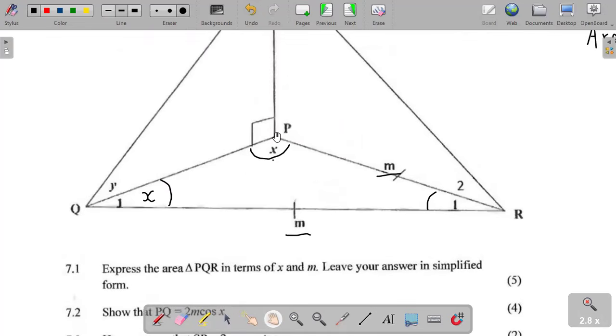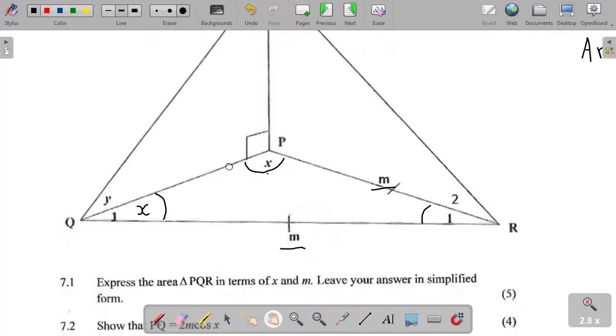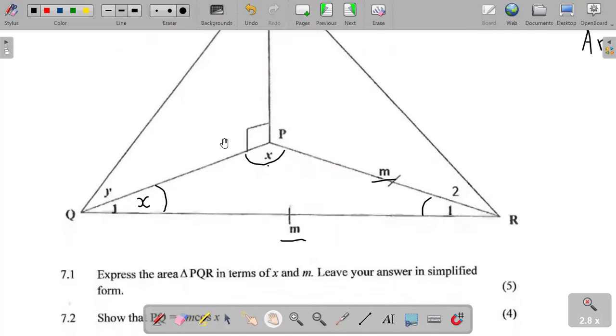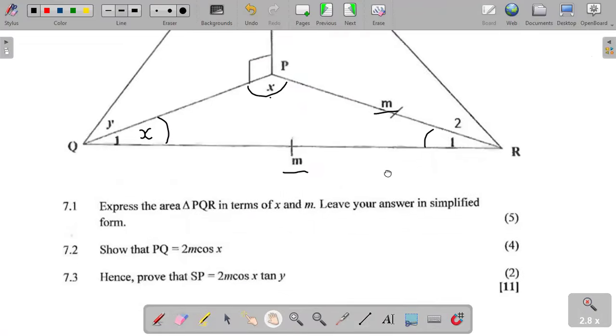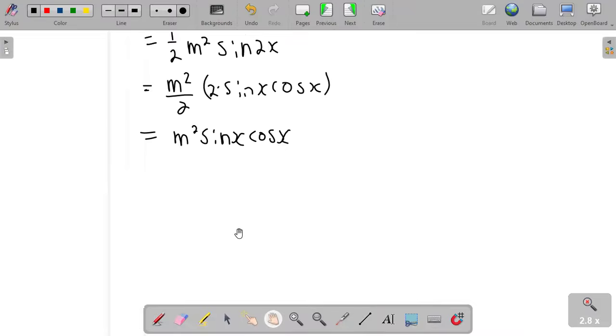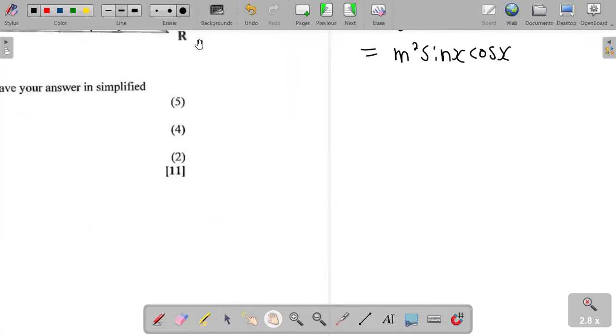Okay, so PQ is a side that is part of a right angled triangle. We can use the cos rule for PQ, and then we use QR and PR. So 7.2.